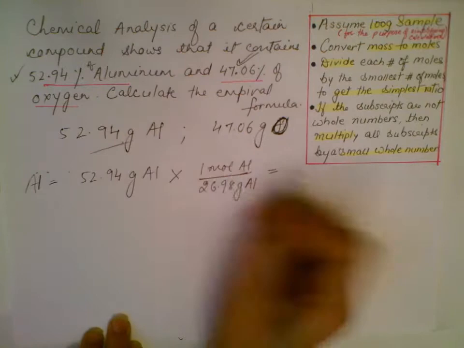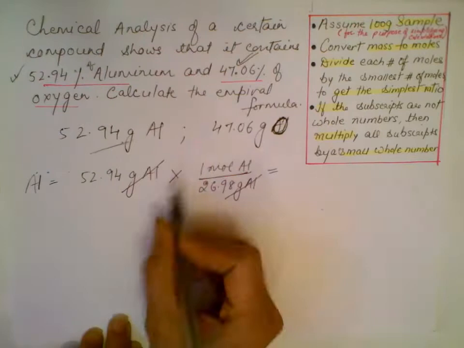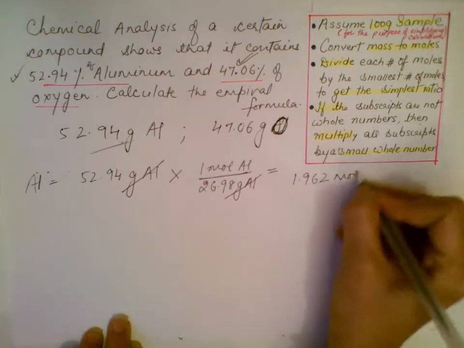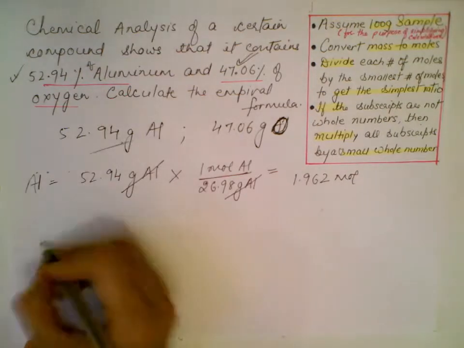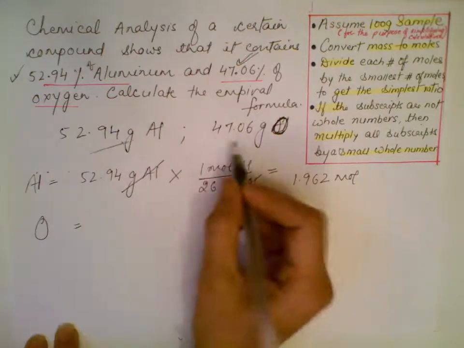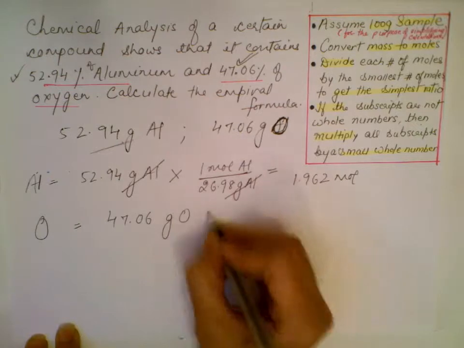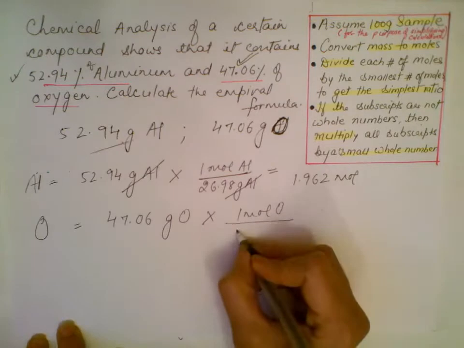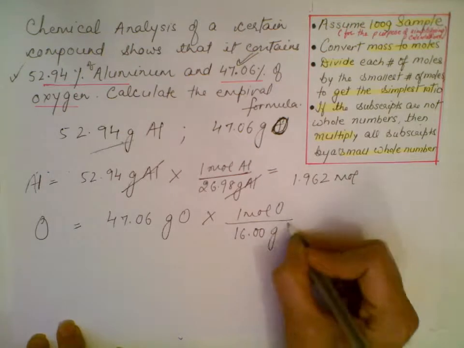Now you're going to cancel this out. As usual for the dimensional analysis method, use the calculator, divide this number by that, and you're going to get 1.962 moles. Guys, always pay attention to the significant figures as well, and keep them in mind. For oxygen, start out with 47.06 grams of oxygen, and in 1 mole of oxygen, again refer to the periodic table for the molar mass, round it off at the hundredths place, and you're going to get 16.00 grams of oxygen.